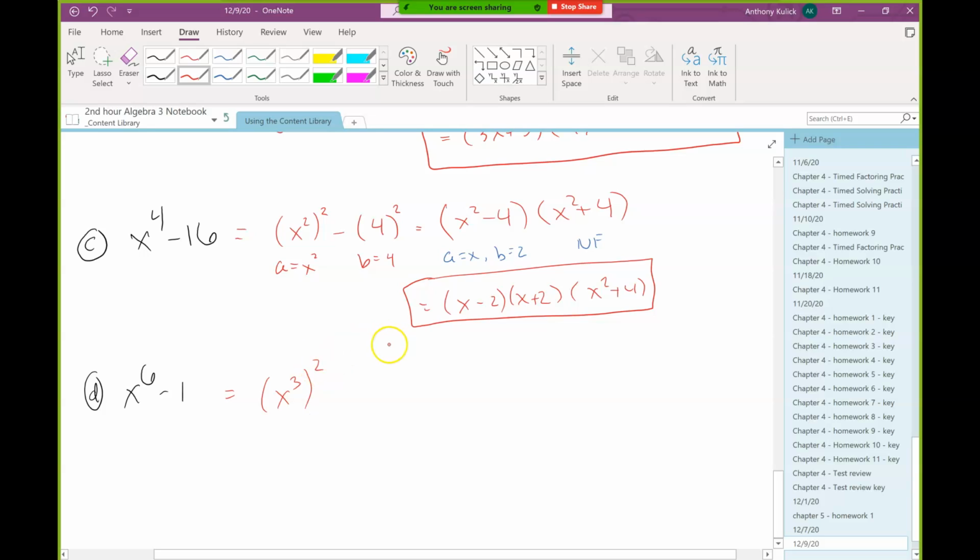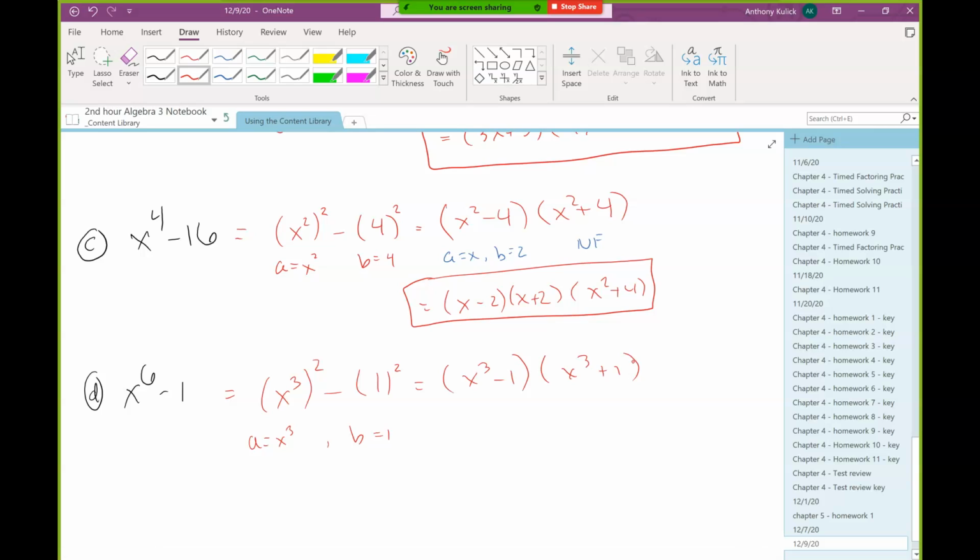So x to the 6th is x cubed squared, and 1, well, that's just 1 squared. So my a is x cubed, my b is 1. A minus b times a plus b. I get x cubed minus 1 times x cubed plus 1.